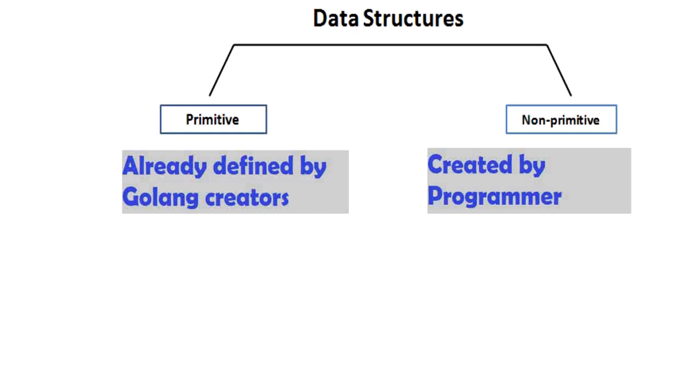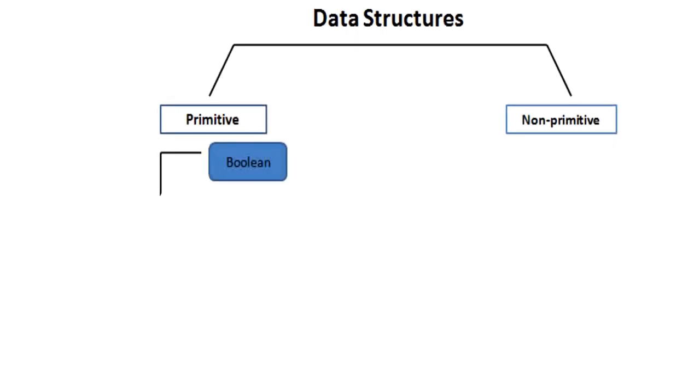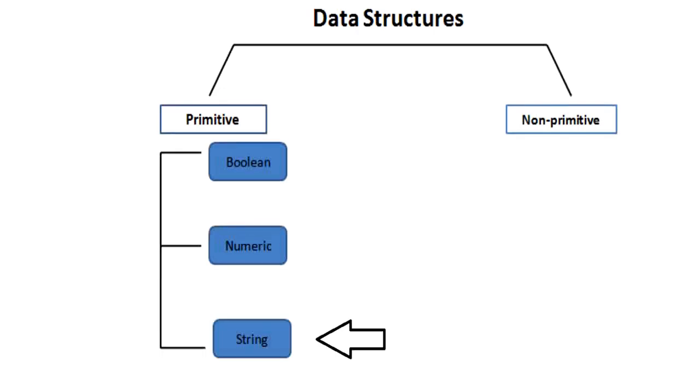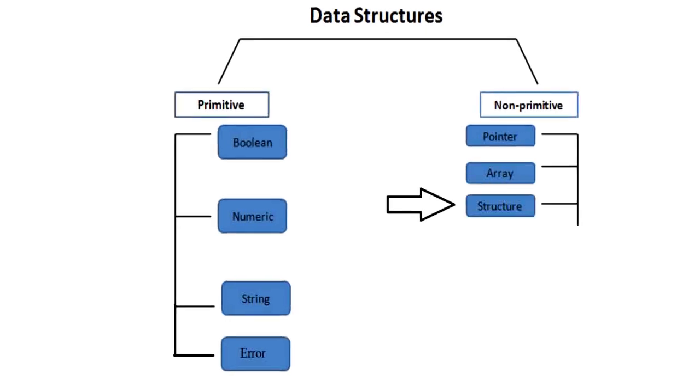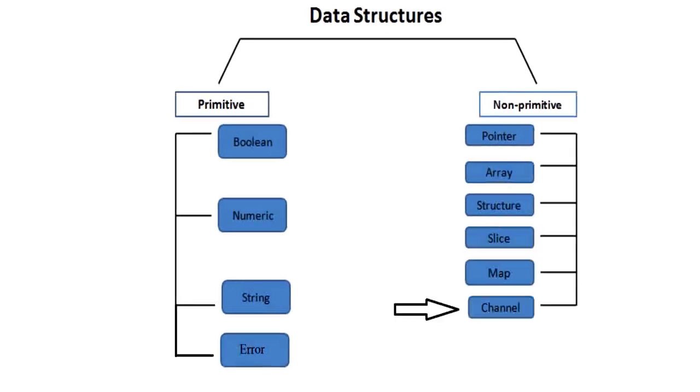Primitive data types are further categorized into Boolean, numeric, string, error, and non-primitives are divided into pointers, array, structure, slice, map, and channel. So here we'll cover every data type one by one, starting with the Boolean data type.